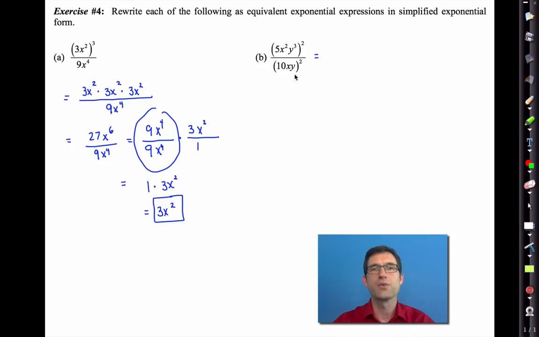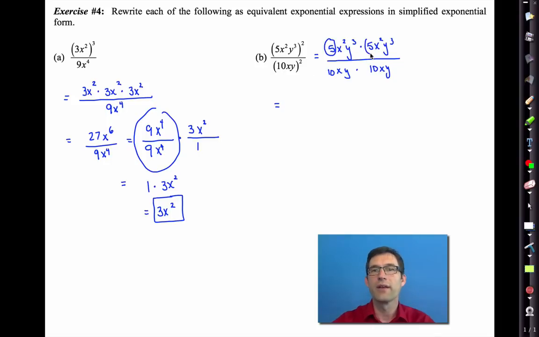Okay, what we're going to do is first rewrite that as 5x squared y cubed times 5x squared y cubed, right? That's just what it means to square something. And likewise, the denominator, 10xy times 10xy. All right, let's manipulate a little bit.